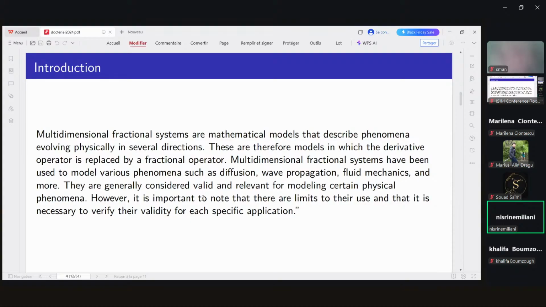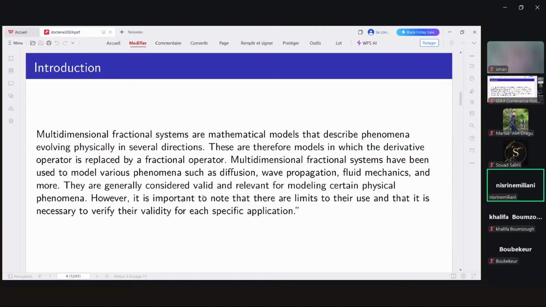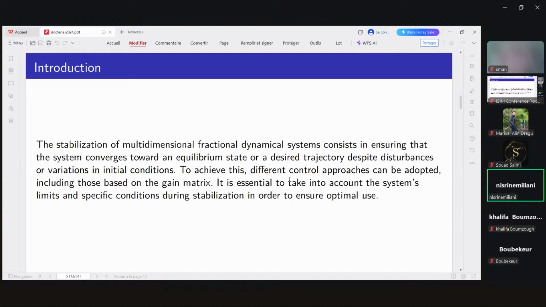However, it is important to note that there are limits to their use, and it is necessary to verify their validity for each specific application. The stabilization of multidimensional fractional dynamical systems consists in ensuring that the system converges toward an equilibrium state or desired trajectory despite variations in initial conditions.